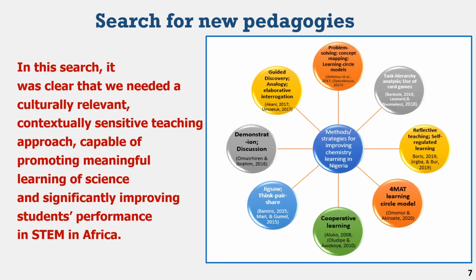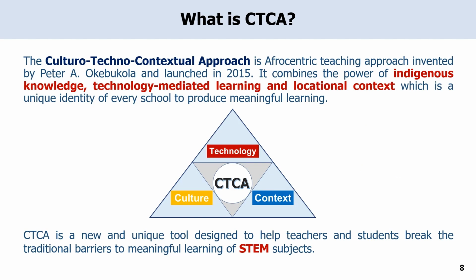The search for methods, ways by which we can teach science in our classrooms have occupied the minds of science educators for quite a while now. One of these efforts is what led to the birth of CTCA. For short, what is CTCA all about? As I said earlier, it is the cultural-techno-contextual approach. It is an Afrocentric teaching method invented in 2015 by Peter A. Okebukola.